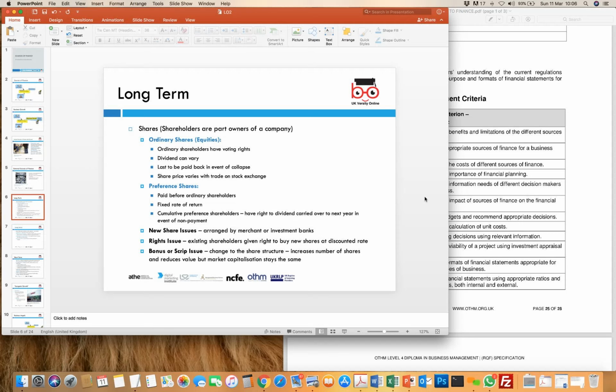Now, they have issued in excess of 200 million shares over the last 30 years. So if you multiply 200 million by $135, that gives you the market capitalization of Apple.